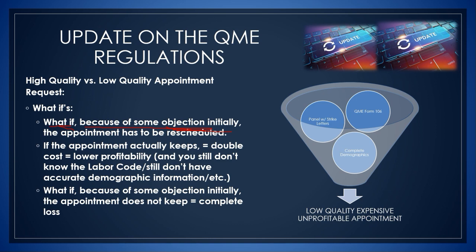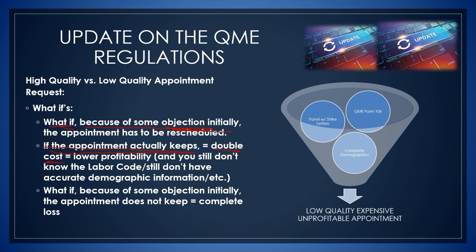Well, if the appointment later becomes rescheduled, imagine a miracle happens and the objection is resolved, and the parties do agree to move forward with you as the evaluator, and the appointment has to be rescheduled. If that appointment actually keeps, you've actually gone through the cycle of scheduling and setting this up twice.